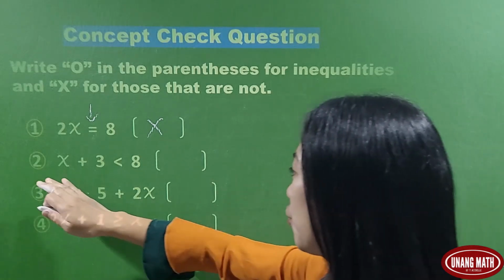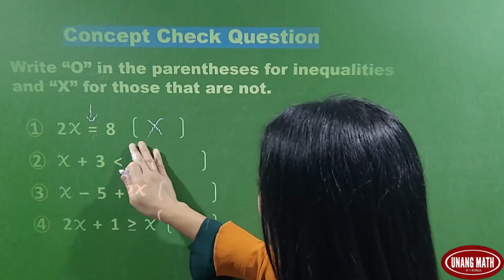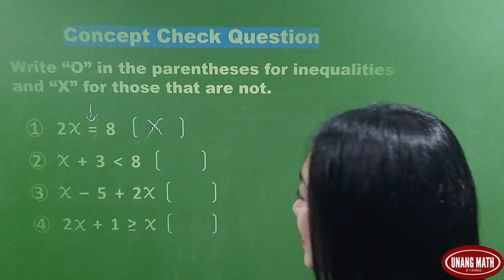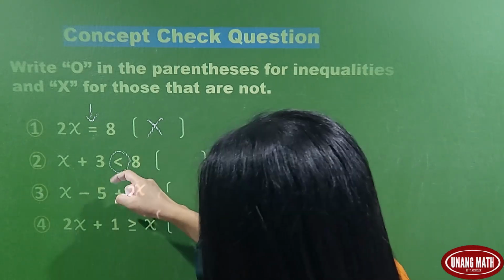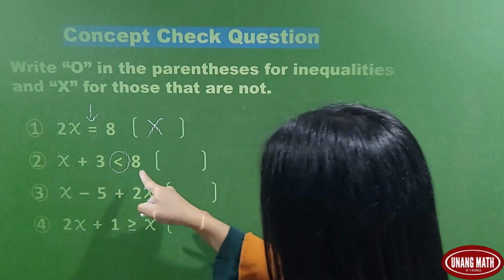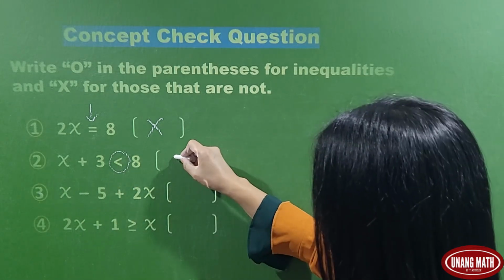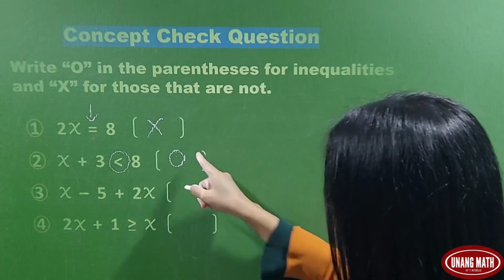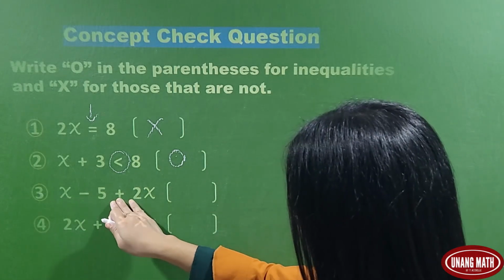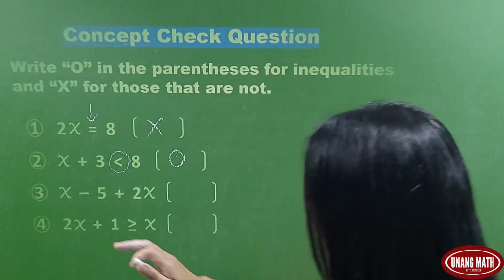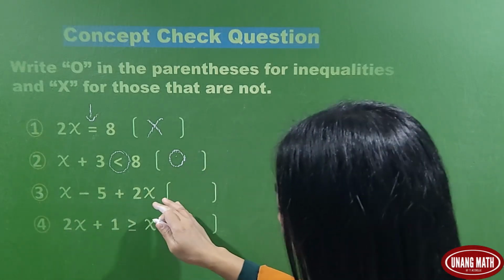What about number 2? x plus 3 is less than 8. We have an inequality sign, less than, which means this expression is an inequality. So this is O. For number 3, x minus 5 plus 2x. We cannot see any inequality sign.